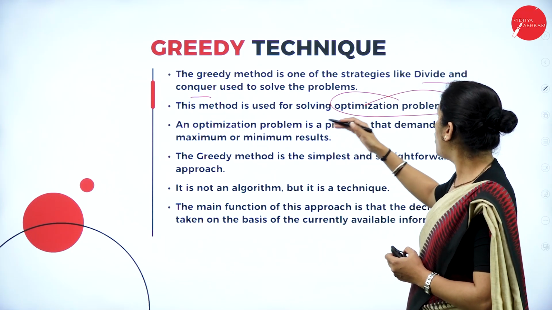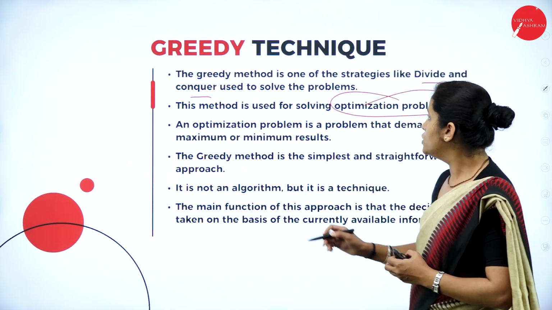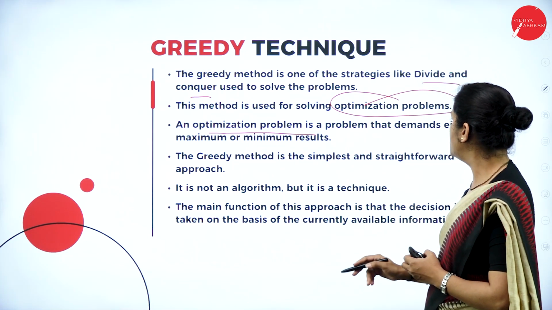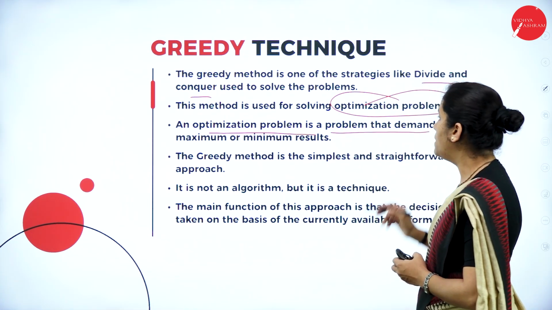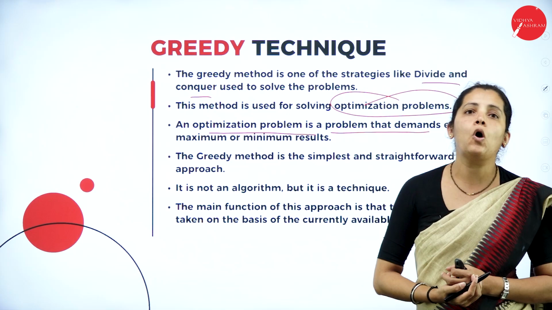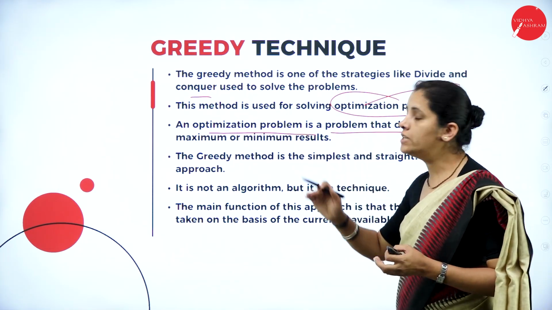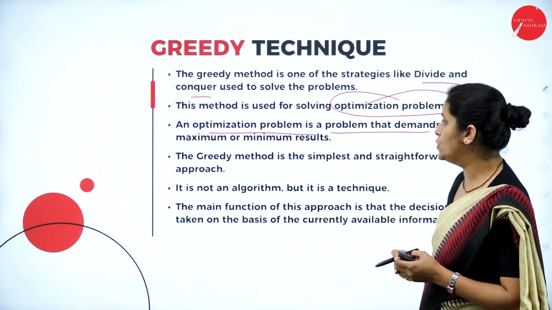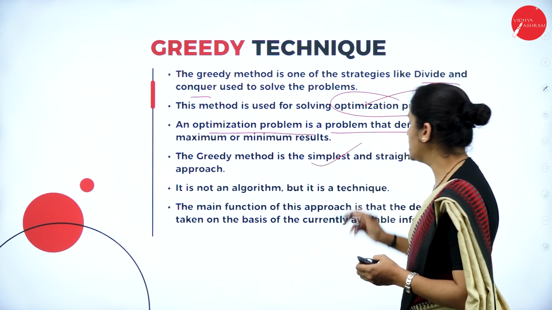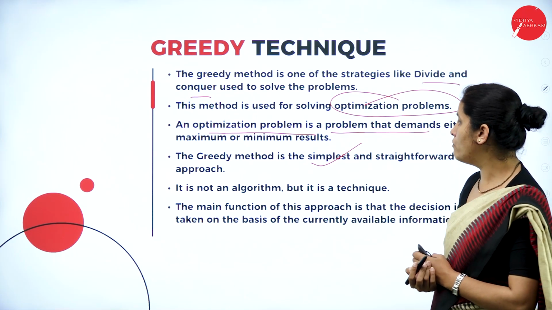So, solving optimization problems. So what is an optimization problem? The problem that demands either a maximum or minimum result. And here the intention is to find the optimal solution. So it's the simplest method and a straightforward approach.